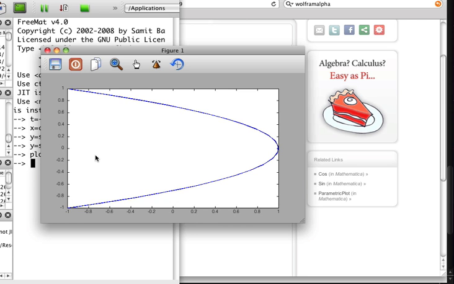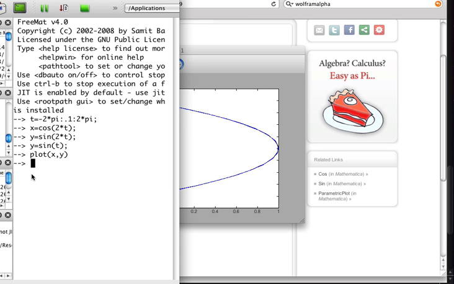So what's happening? It just keeps going as a parabola. But it's going faster in the x direction than in the y direction. Okay, let's change t.